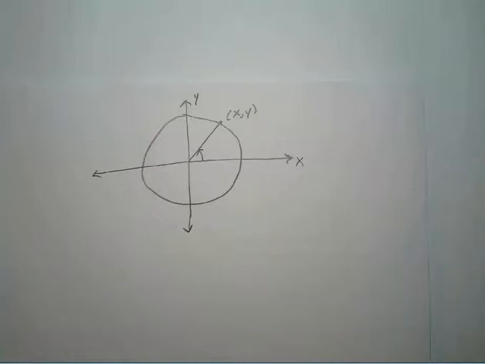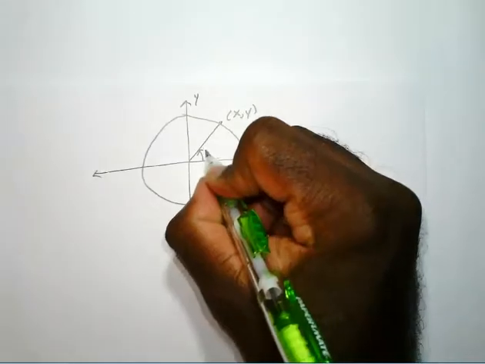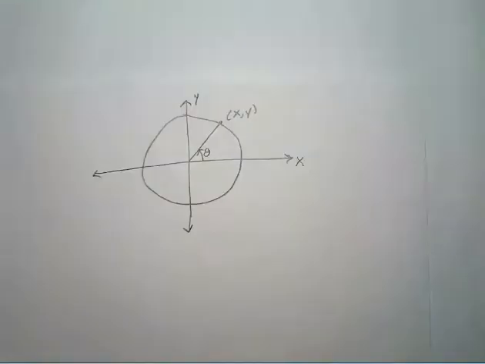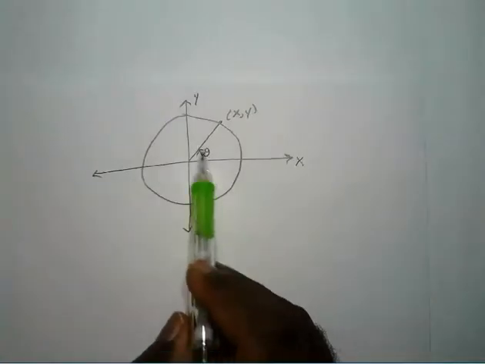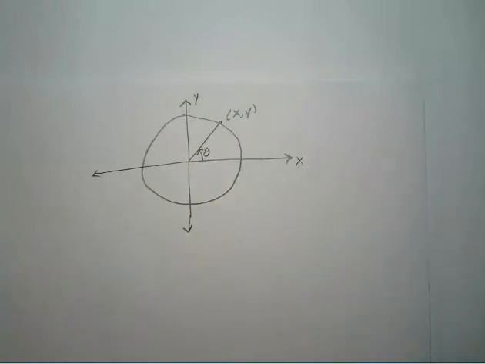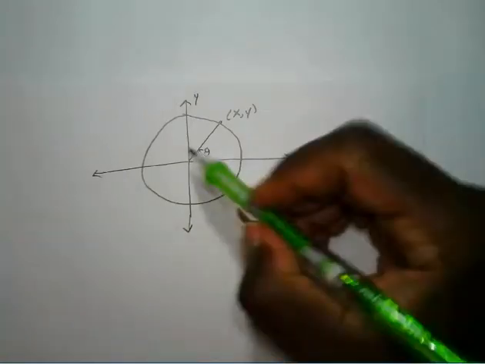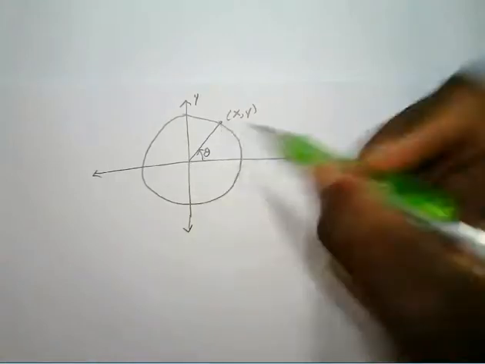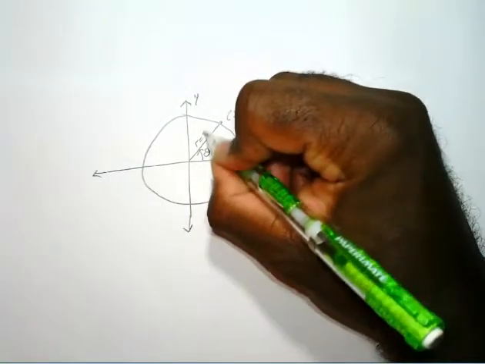Okay, so now we're going to convert this using theta as the degrees that we're moving up. Alright, so remember, from the origin to any point on the line, your radius is equal to 1.